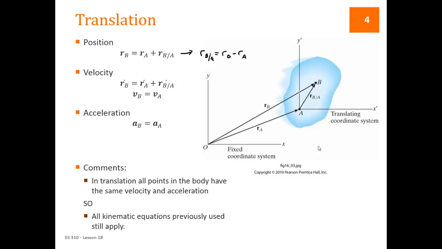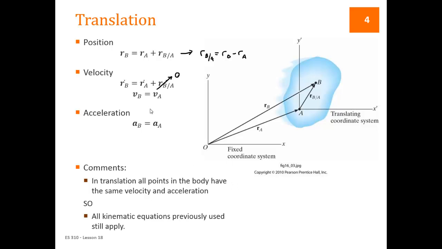When we take the derivatives of this in order to find the velocity, this term, the relative position from A to B, isn't going to change because the body is not going to deform. So the derivative of it is 0. And so you have that the velocity of B is equal to the velocity of A, and the acceleration of B is equal to the acceleration of A. Because the body isn't deforming, it's just translating, the velocities and accelerations of every point in the body are the same.